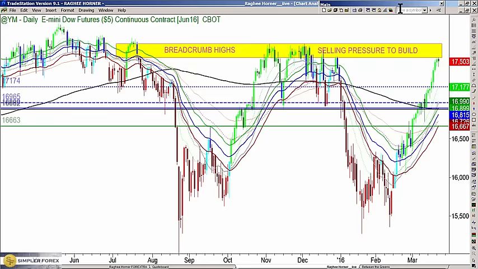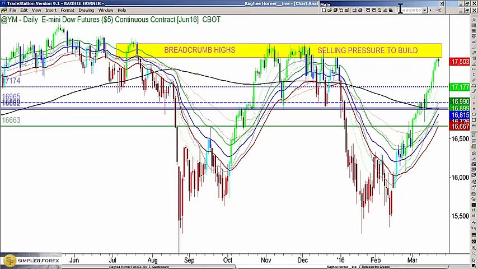But what happens now? Take a look at this chart clear back to July of 2015, and you see that area that I've highlighted, calling it breadcrumb highs, where I expect the selling pressure to build. The first analysis that I try to do, before I apply even technical analysis, number one, my wave, my grab, anything, is to visually scan the market to simply see where it's been before.